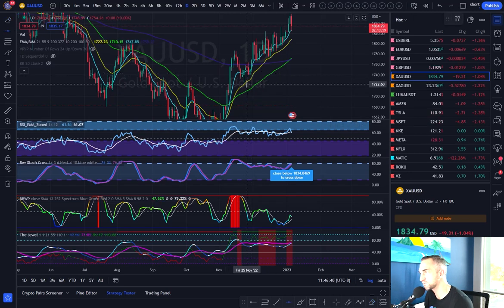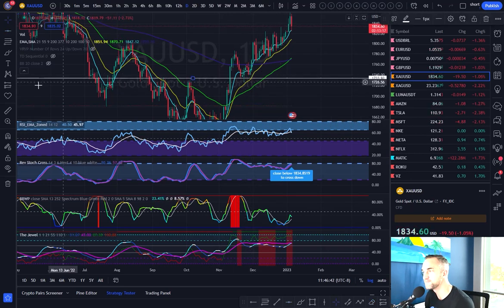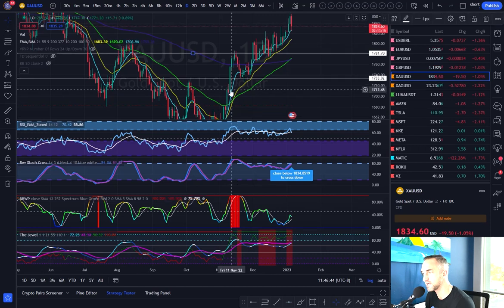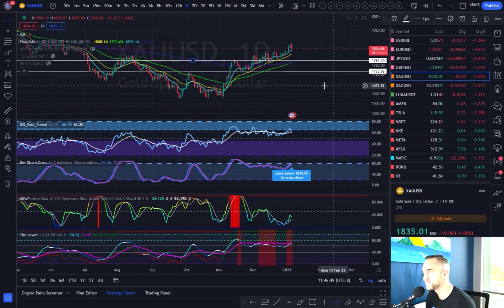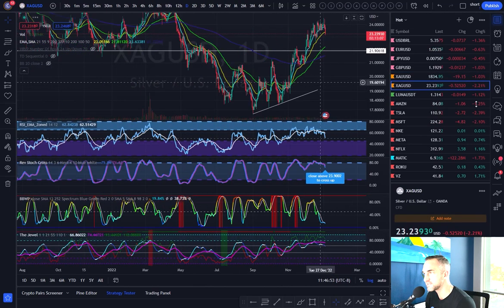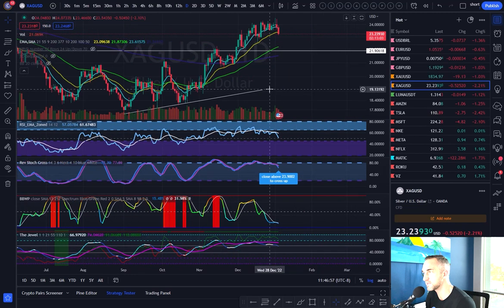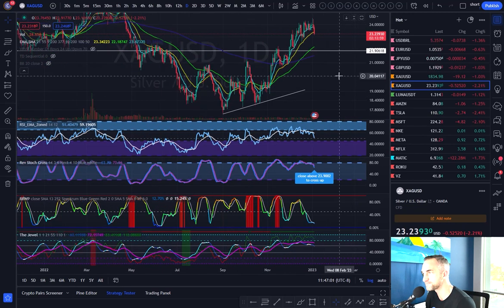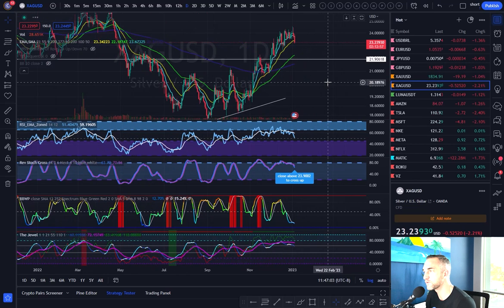As gold's down 1%, silver's down 2.2% today, and we are crossing down. Momentum is going to increase to the downside, and I'm expecting silver to come back down and test this level at 22.22.